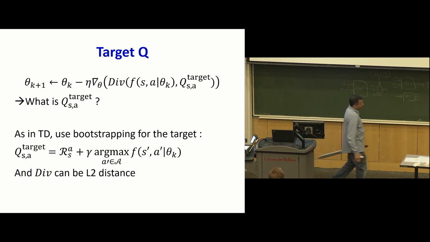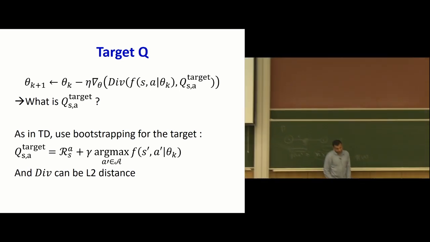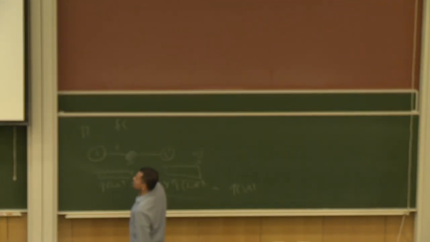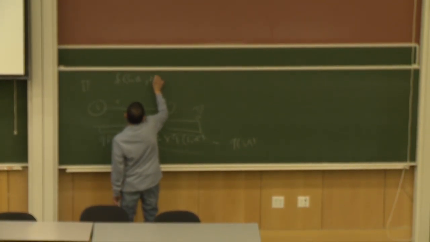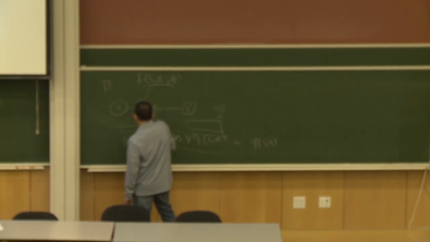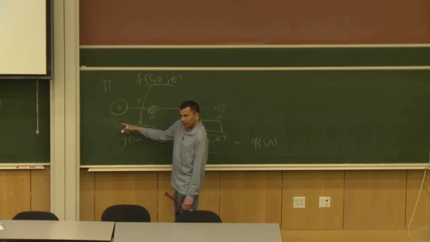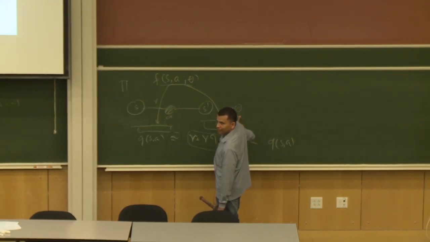What is the bootstrapping? Now we go right back to our board. I'm going to run through my episode, and for each of these, I have my state action values, which is going to be F(S, A; theta). This guy gives me this value for this state action combination. I run through the episode. This guy also gives me this value for this state action combination.